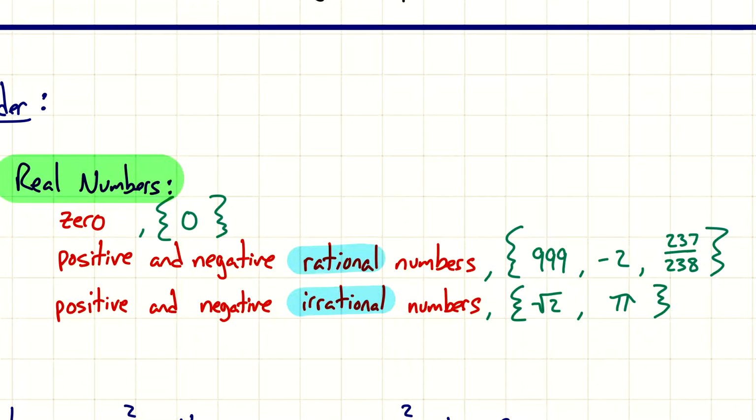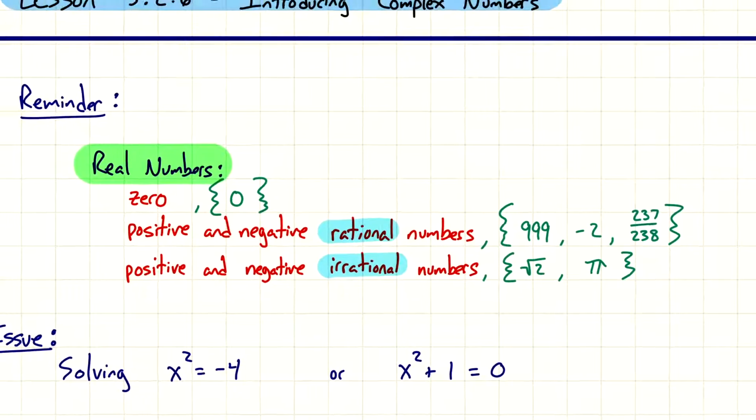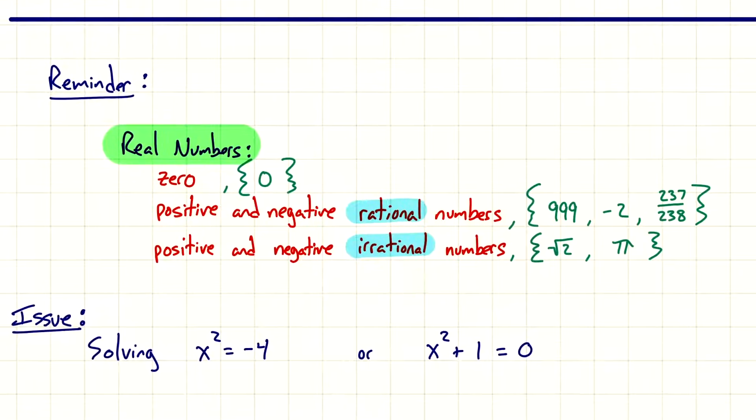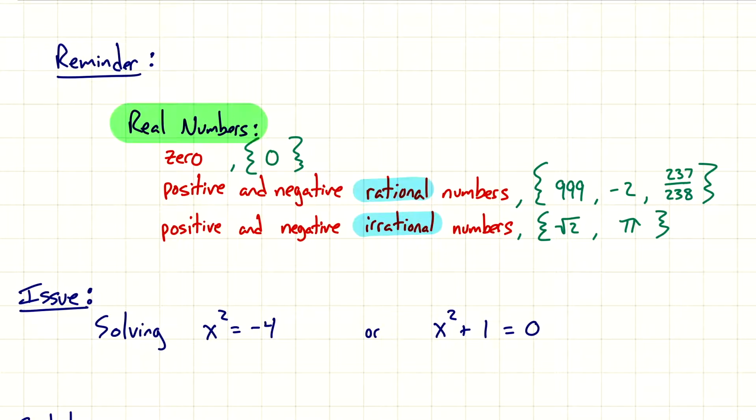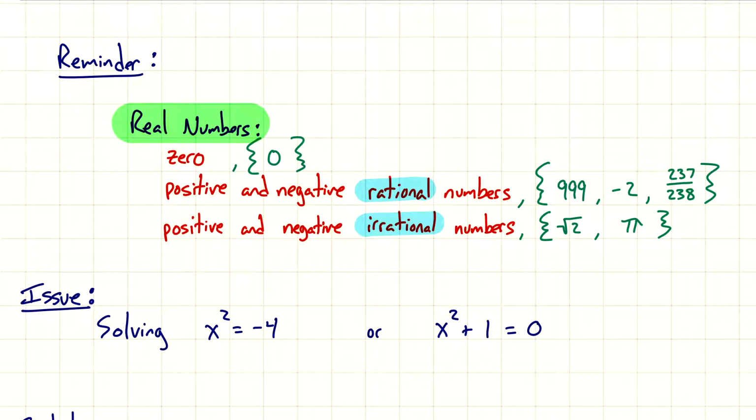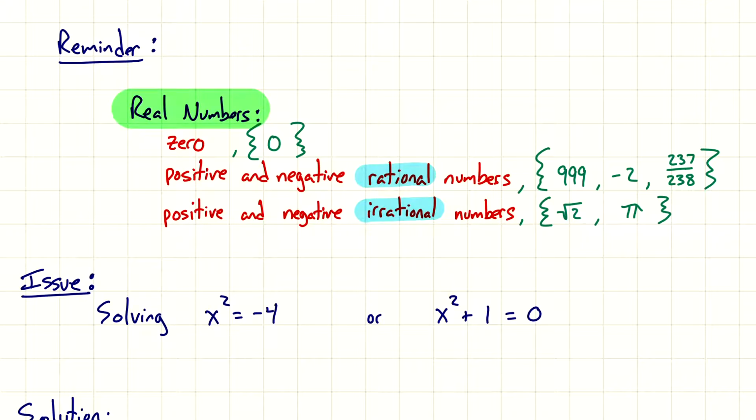All right, so why do we need to know that? Well, the issue we've had is coming across problems like this. If we're trying to solve x squared equals -4, or maybe x squared plus 1 equals 0, we've come across an issue. So what is the issue here?